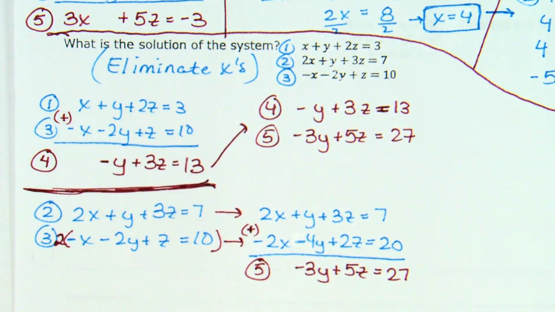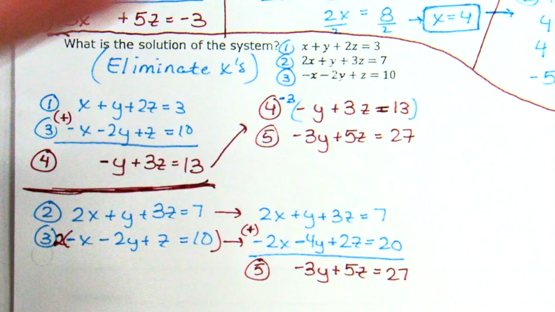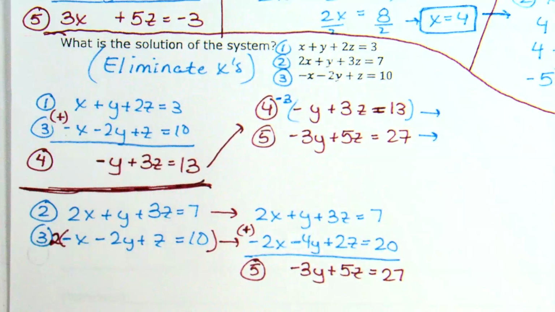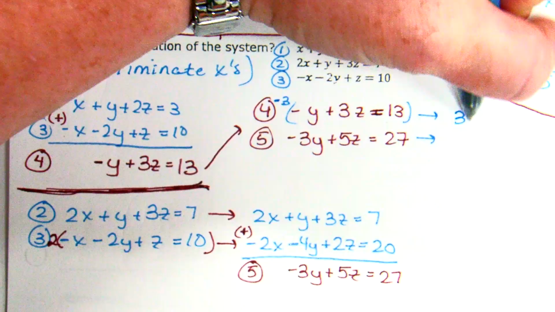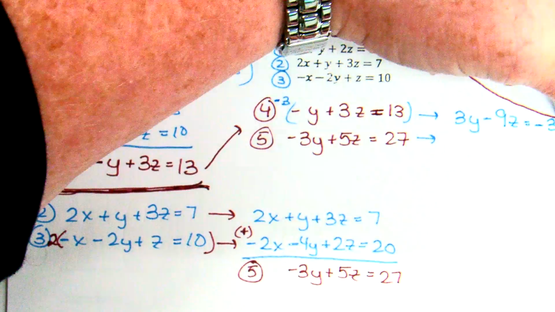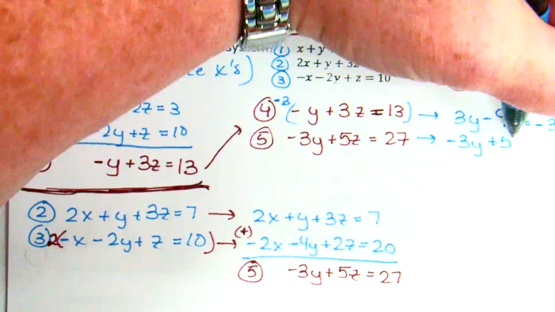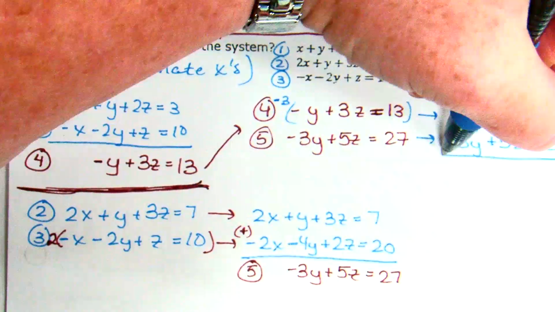If I'm going to eliminate y's, multiply the top equation by negative 3. So now, equation 4 that I'm multiplying by negative 3 becomes 3y minus 9z equals negative 39. Keep equation 5, negative 3y plus 5z equals 27.